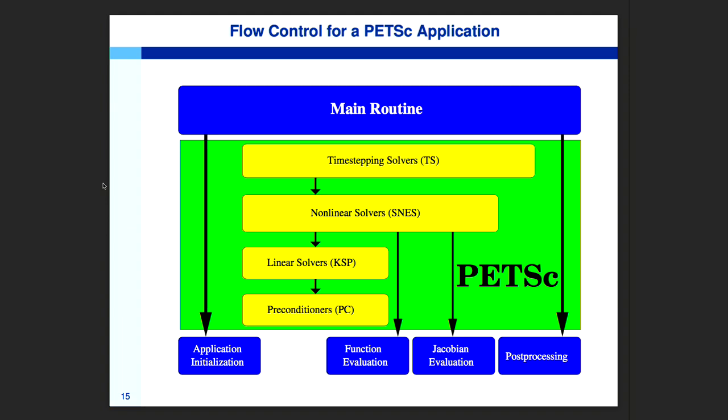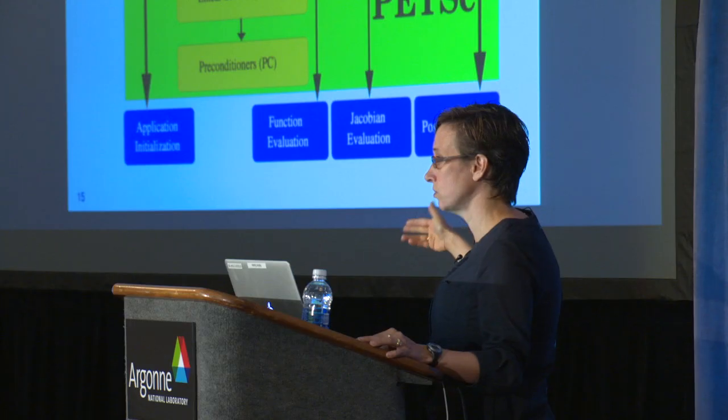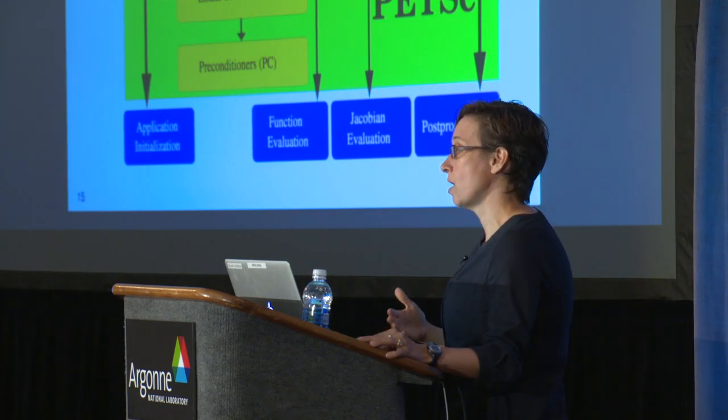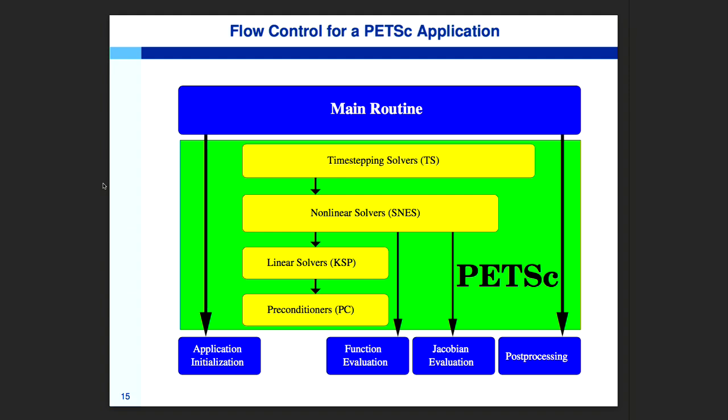And then from within the nonlinear solvers, for example, the package would then provide control back to the user for things like evaluating a nonlinear function where you're doing the real meat of your work to describe the physics of your problem. And likewise, also evaluating a Jacobian if you're choosing an approach that needs derivative information. So we'll describe in more detail how we handle going back and forth between those various layers.